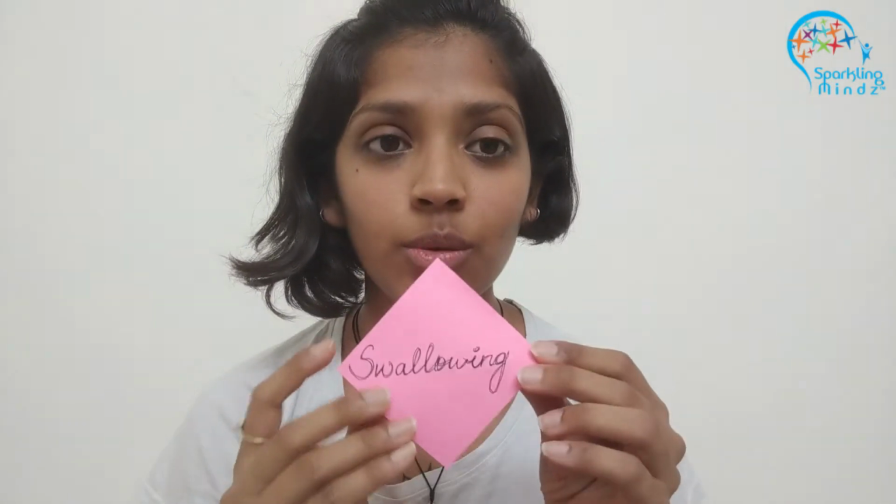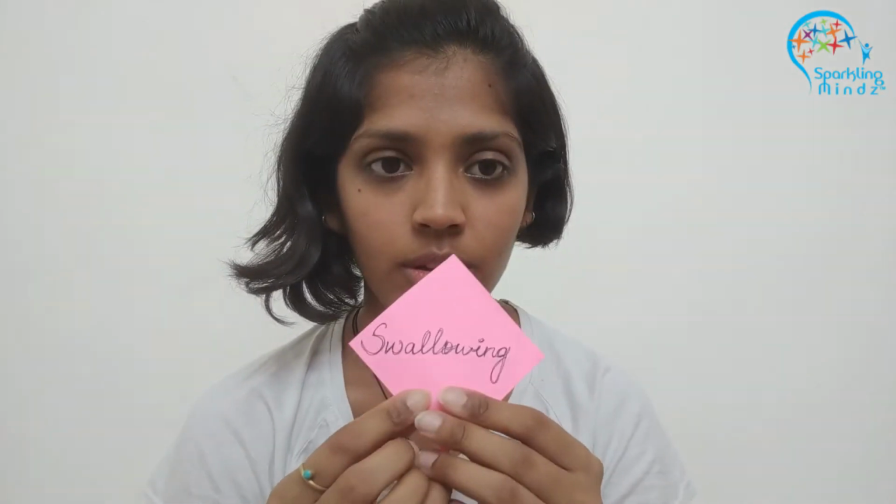Let's try another example. Okay, I have another word here, and we will try and split this up too. Okay, the word goes like swall, that's swall, one syllable. Low, that's another syllable. And ing, that's another syllable. So that's 3 syllables again.